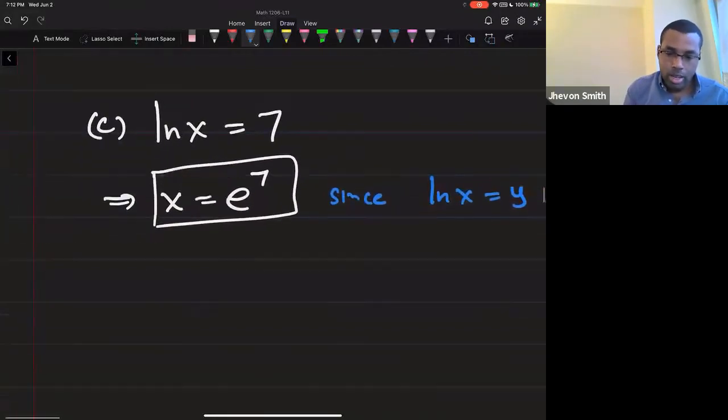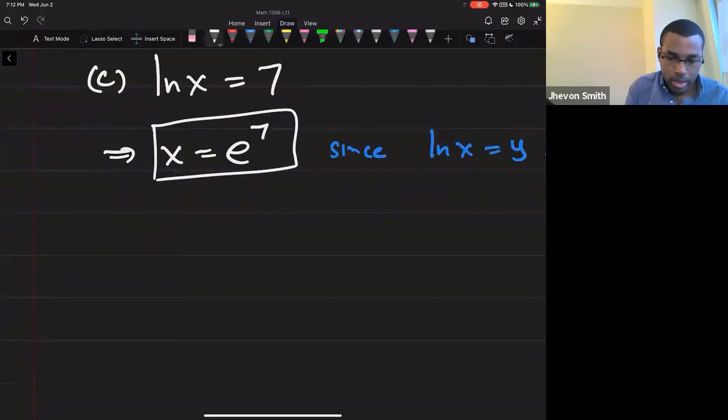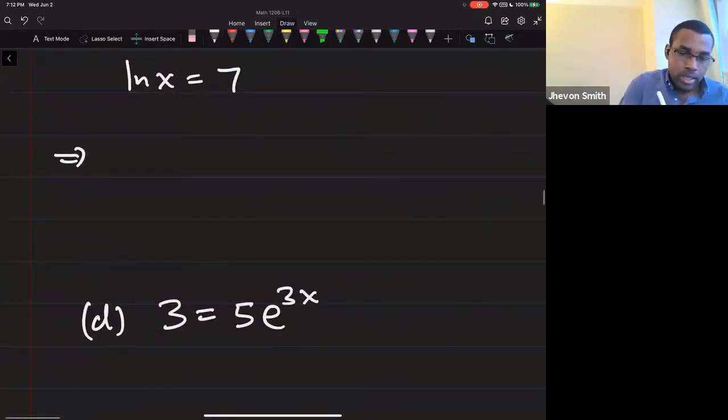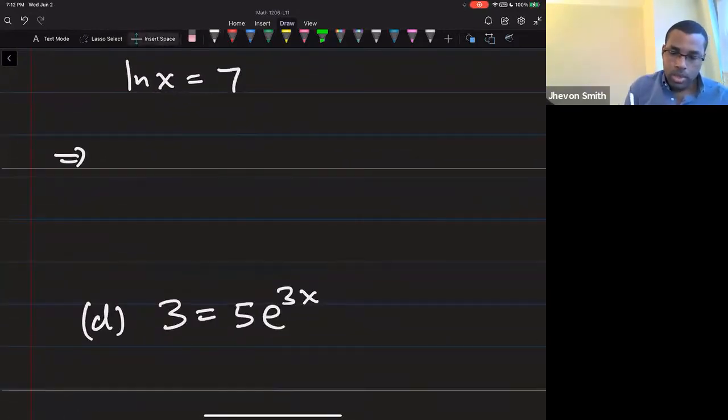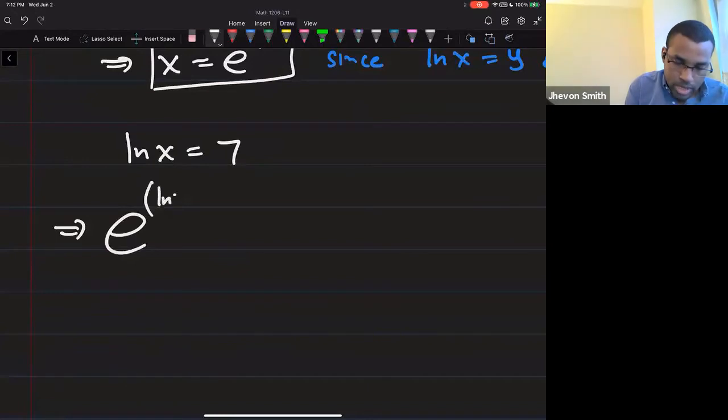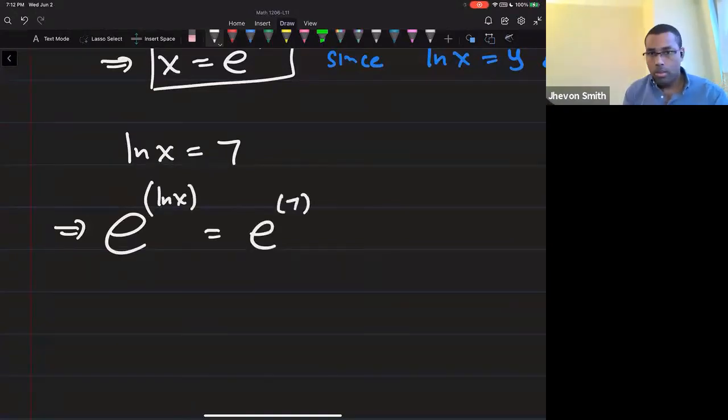But again, there's another way to think about it that I think conceptually is easier. You can use an appropriate base to kill a logarithm. In other words, you put them in an exponential. So I would plug both of these guys into the exponential function. Right?